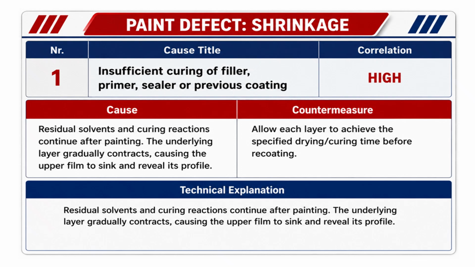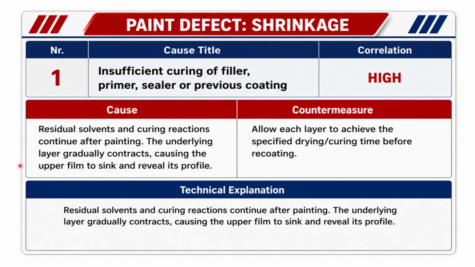The number one probable cause is insufficient curing of filler, primer, sealer, or previous coating. That is, residual solvents and curing reactions continue after painting. The underlying layer gradually contracts, causing the upper film to sink and reveal its profile.